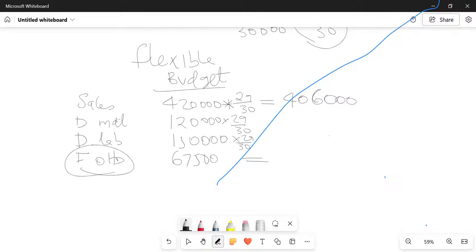How about direct materials? 116,000. Direct labor, 145,000. How about fixed overhead? They remain the same, 67,500. And now you are through with your flexible budget.